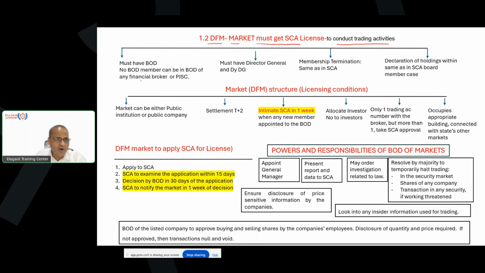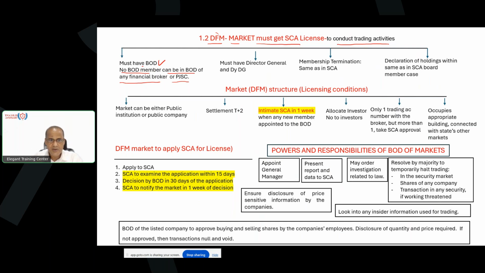Must have a board of directors. The market must have a board. No board member can be in the board of any financial broker or PJSC. It means the board member of Dubai Financial Market cannot be a board member of Al Ansari Exchange, cannot be a board member of a stock broker, cannot be a board member of any company. So a board member of the market cannot sit in the board of any brokerage company or public company.